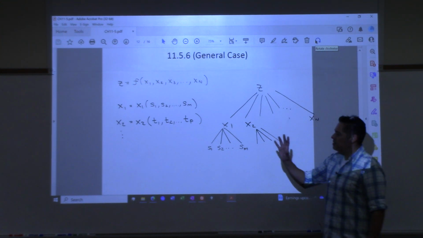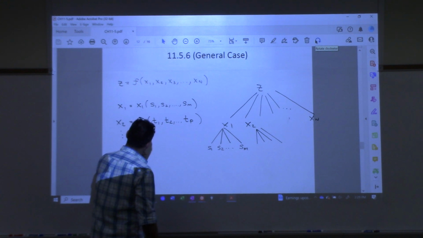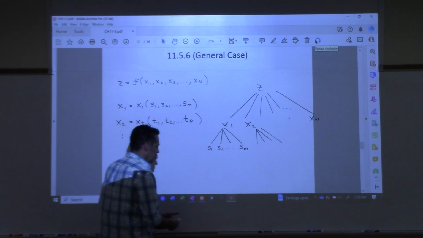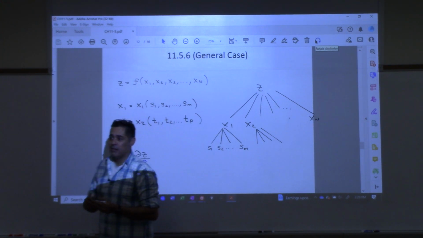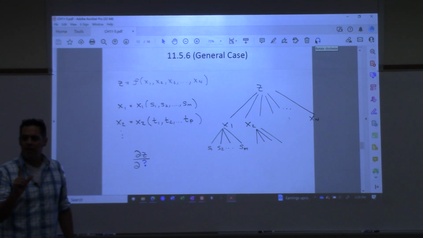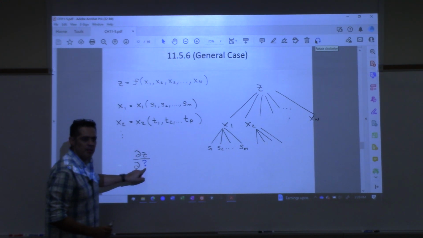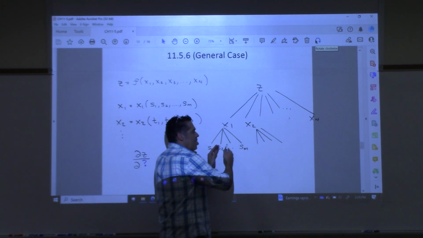The idea is that if you wanted to know the partial of z with respect to some variable, what you would have to do is first determine: does this variable appear in how many of these branches?